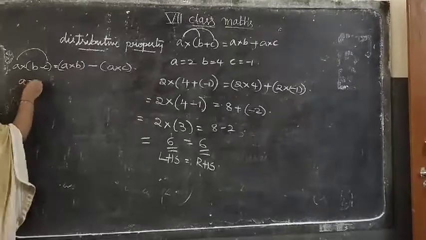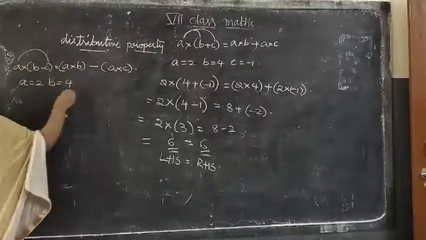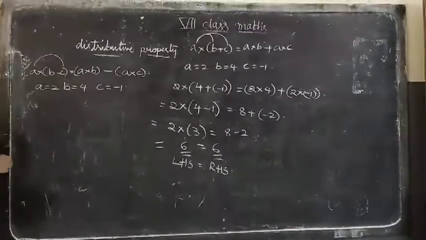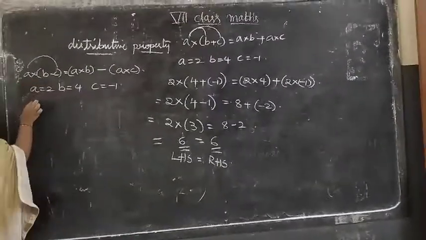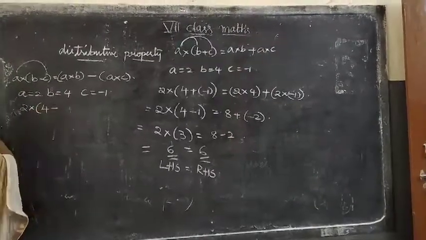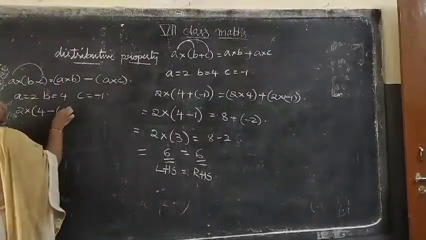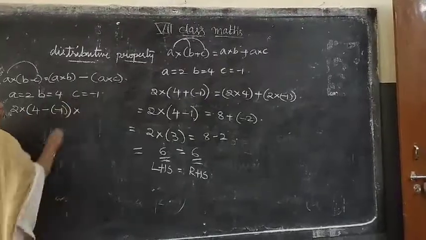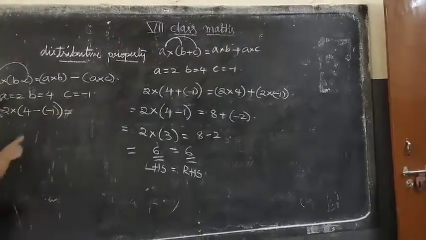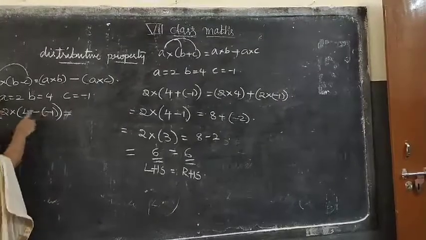So a is equals to 2, b is equals to 4, c is equals to minus 1. Just substitute the values here. A value is 2 into b value is 4 minus c value is minus 1 is equals to, coming to RHS part. With this 2 we have to multiply both the terms here, both the integers.